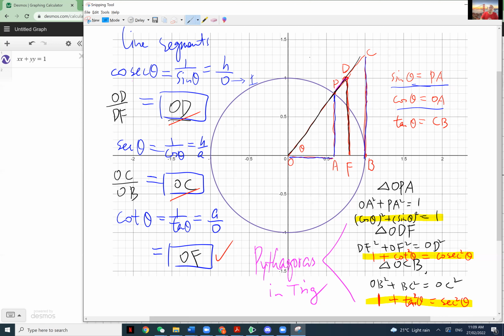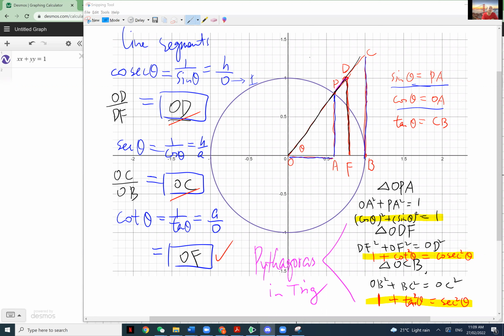This diagram is very important. Harry, any question? No, I understand. No question.